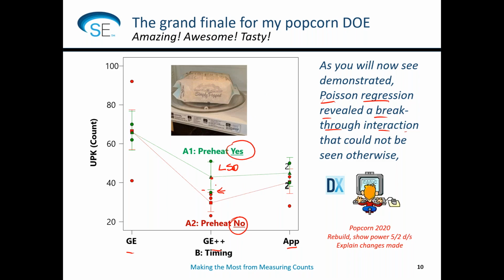There's a separation, and that's illuminating because on the left-hand side I've got the response, the Y, and we want that to be minimized, of course. We want fewer counts, right? If I switch from what I had been doing with the built-in button of GE to the GE++, I'm able to get just about as good or even better than what I got with the Popcorn Expert app, but a lot more conveniently, because all I've got to do is quickly hit that 9 key twice.